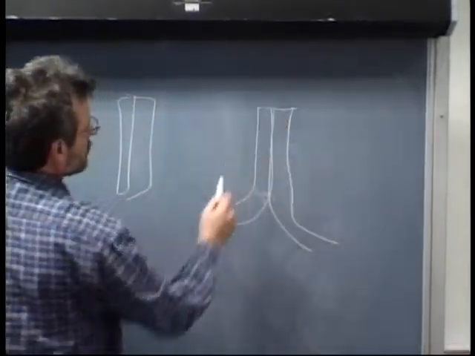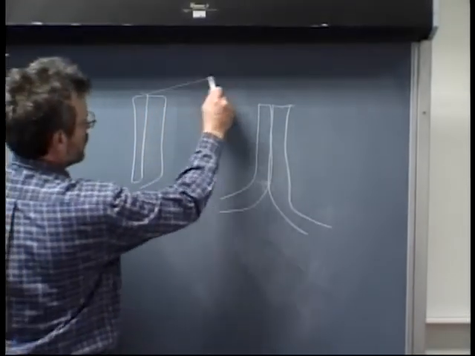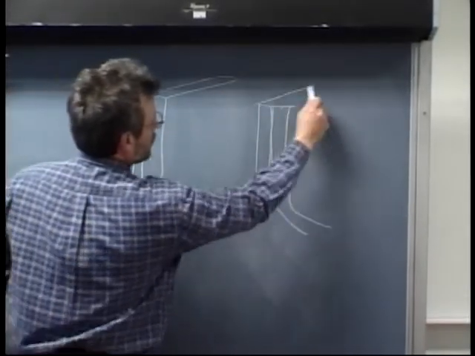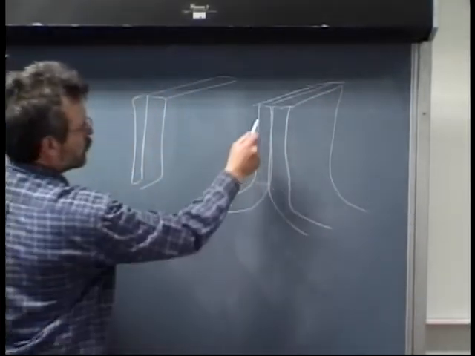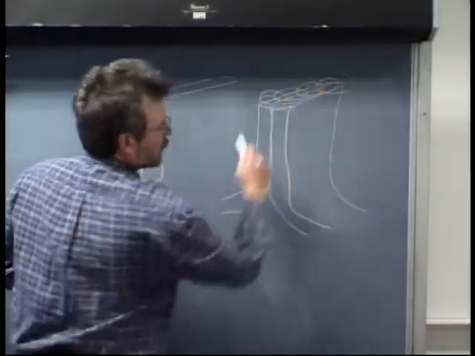In any event, we have a square edge here, and that might run off like so. That might run off like so. So this is an edge weld, and your weld would be deposited right here.